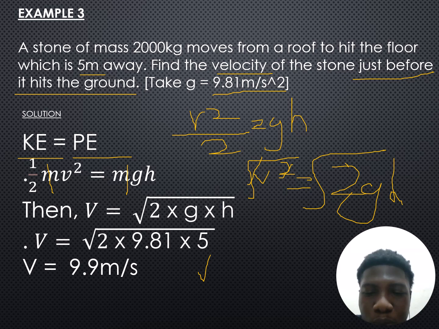In most questions, some data will be given which is not valuable. If you use this method, the 2000 kilograms will just be a waste. You can try the other method, but it will still give the same answer. But to have a very fast approach, I think this will work. So I think you are going to get something like 9.9 meters per second.